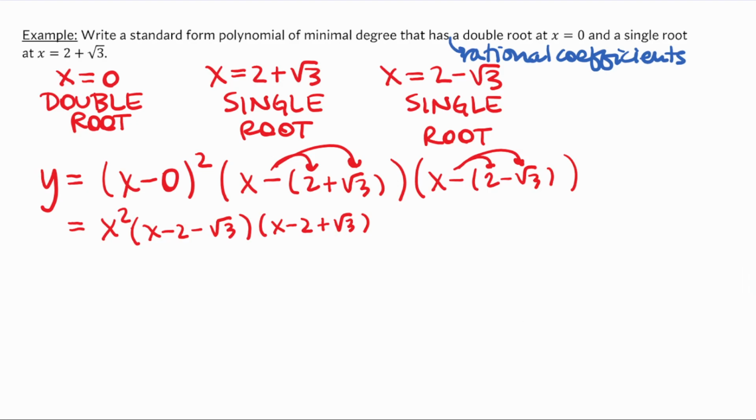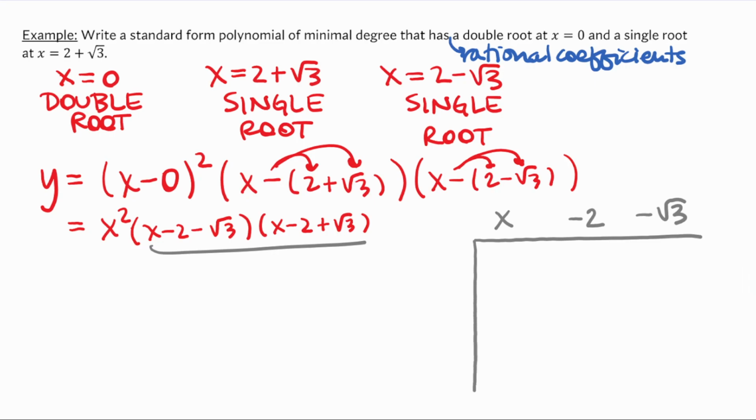Okay, so I'm going to go over here to the side and actually do that multiplication. Okay, so I've got x minus 2 minus the square root of 3. And maybe doing this multiplication will help you see why, if you do this, you're going to get rid of all of your square roots, which is all the stuff that can make your root irrational.